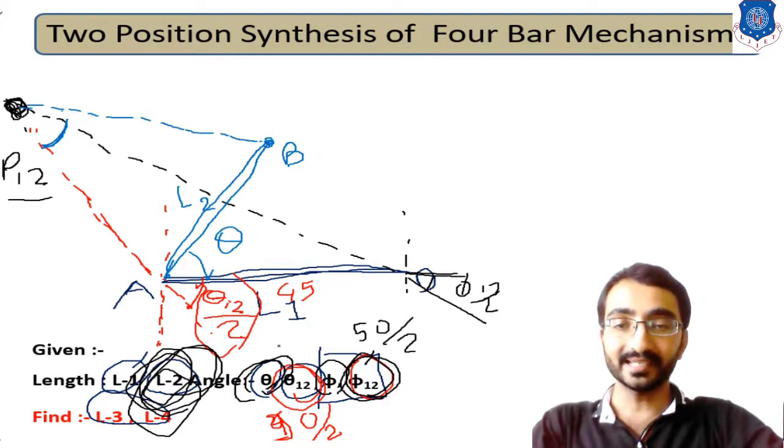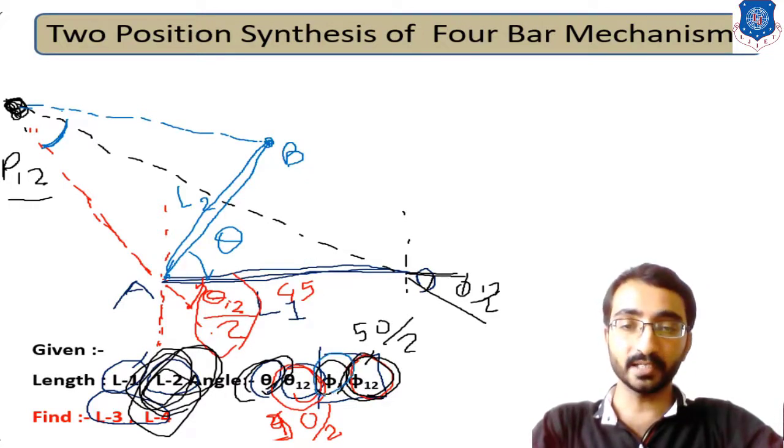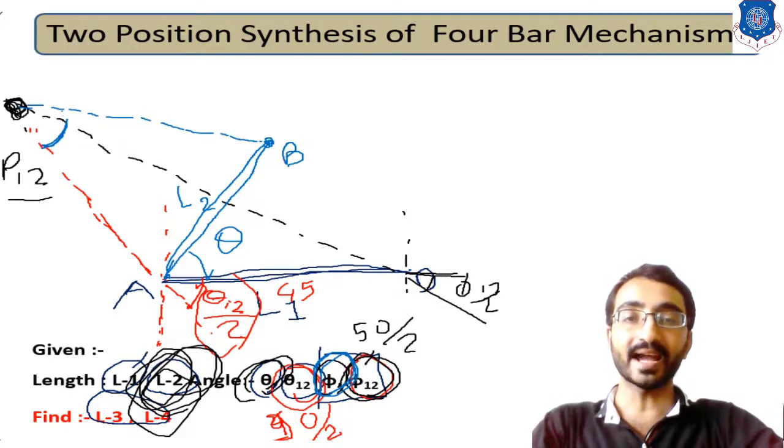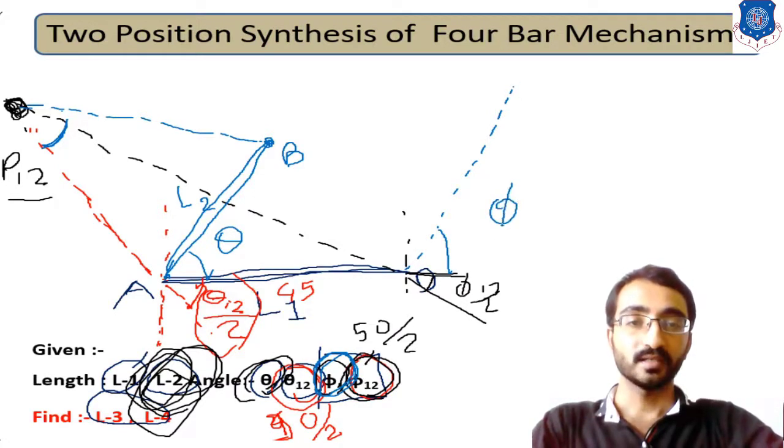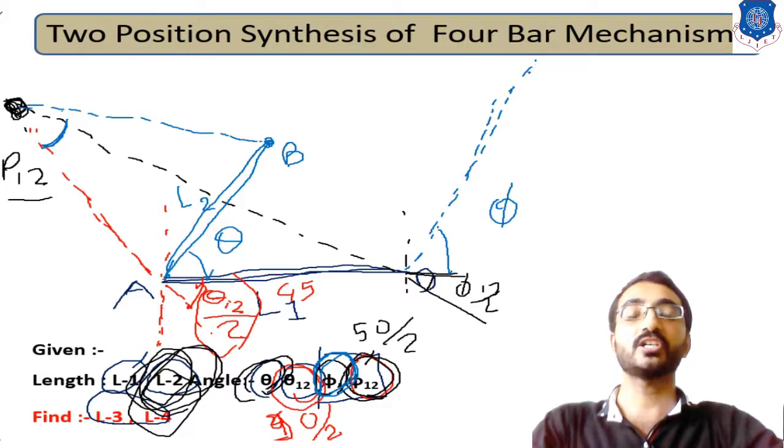The last data remaining to be plotted is phi, that is the output link angle. At phi angle you can plot a line, but the length of link number 4 is not given, so let's consider that at angle phi we plot this dash line, which represents link number 4.